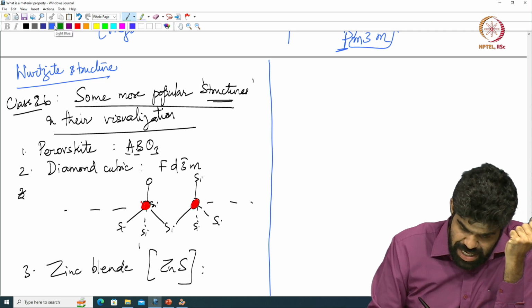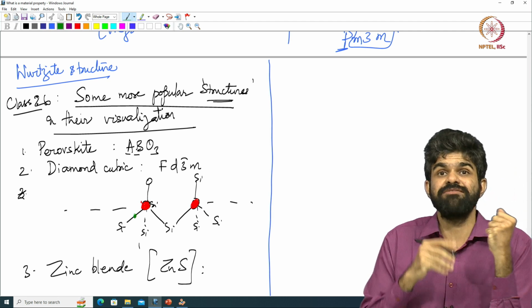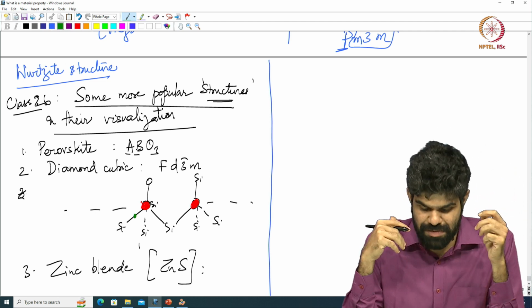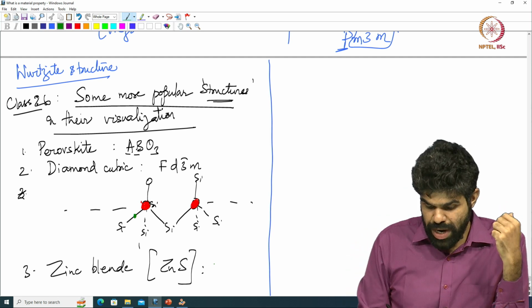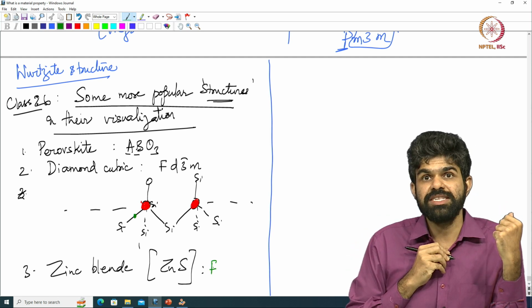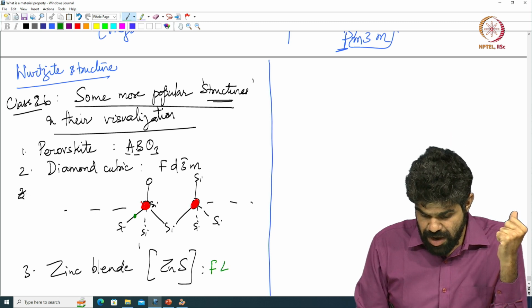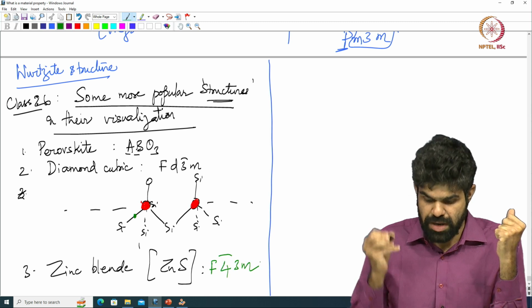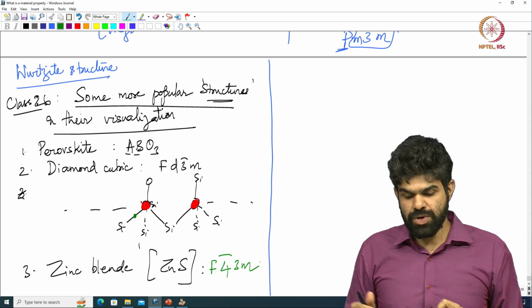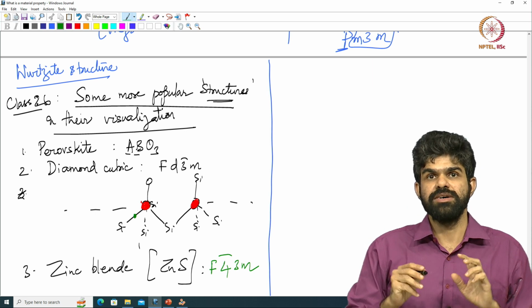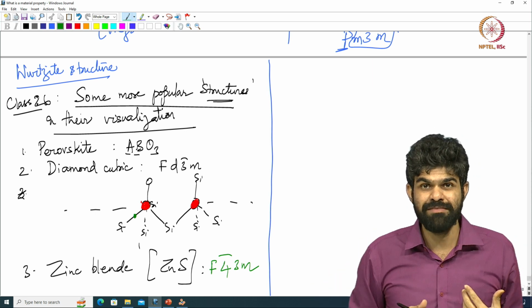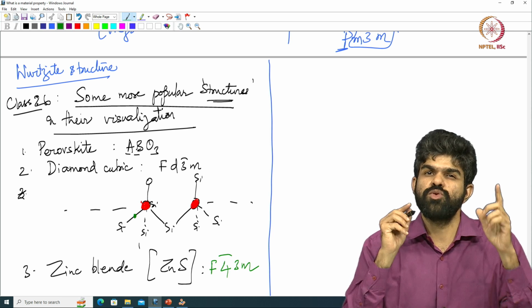So in silicon, this is the point of inversion symmetry, and the other such points are points of inversion symmetry, but here you lose out on the inversion symmetry, and then you end up with, again, F centering is there, however now I have a 4 bar 3m sort of a space group, right. So I don't anymore have the underlying symmetry to be m3 bar m, whereas the underlying symmetry is just 4 bar 3m, right.